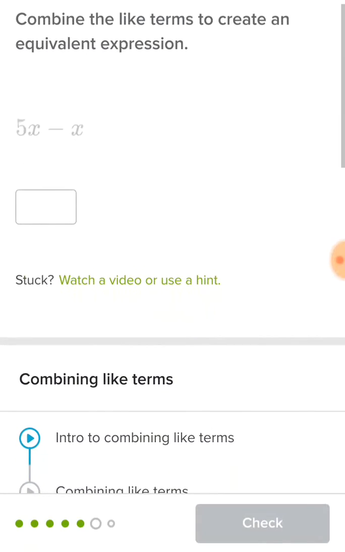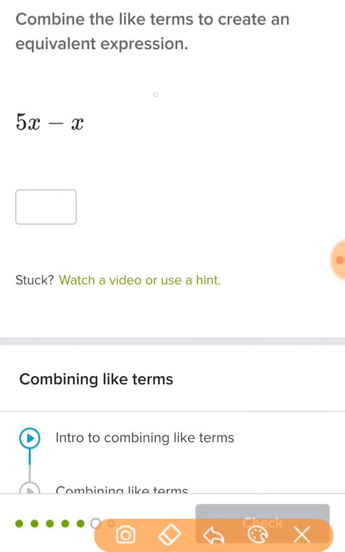So next, 5x minus x, and something worth jotting down. They obviously both have the same last name. They both end in x. And when I do 5x minus x, one of the things that you should pay attention to is that if I am taking away just x, if there's no number, that means that there's only one x.